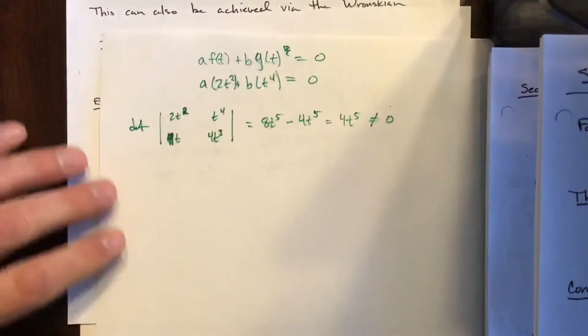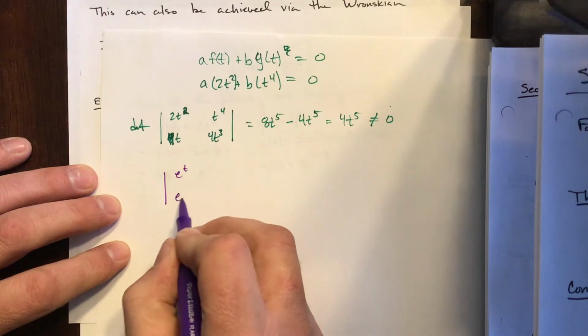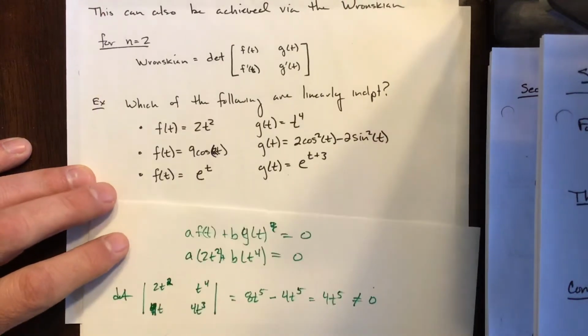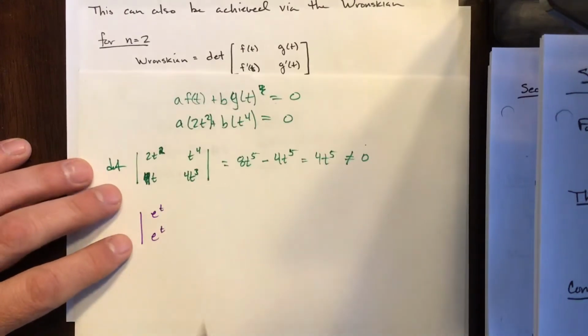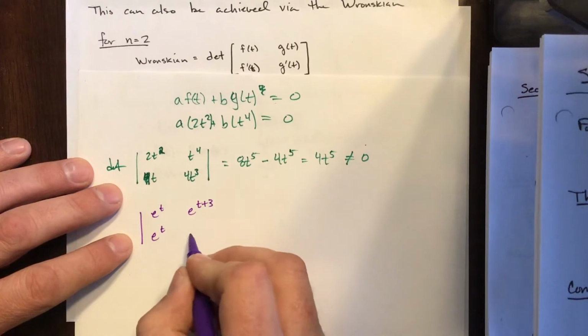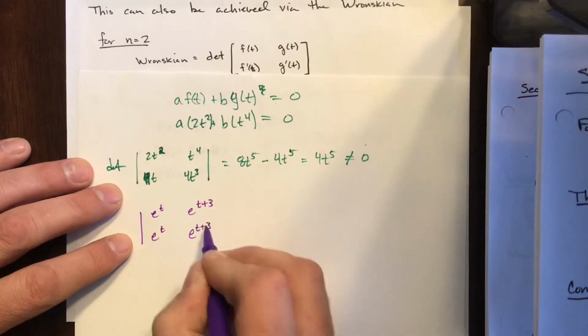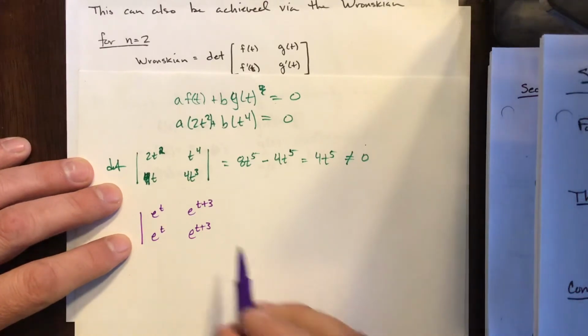So we have e to the t, and the derivative of e to the t is e to the t, okay? We have e to the t plus 3, and the derivative of e to the t plus 3 is e to the t plus 3 times the derivative of t plus 3, which is 1, okay, using the chain rule.